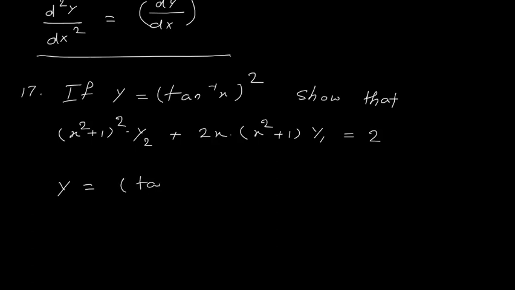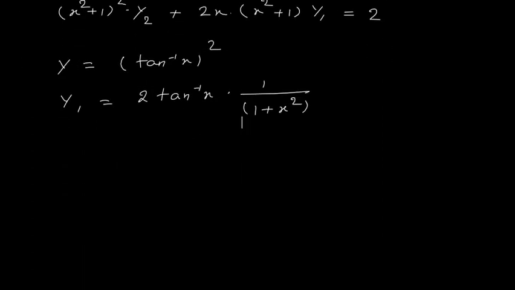Its first derivative, y1, will be 2 into tan⁻¹ x, and then the derivative of tan⁻¹ x is 1/(1 + x²). Okay, we cross multiply, so therefore (1 + x²) y1 = 2 tan⁻¹ x.